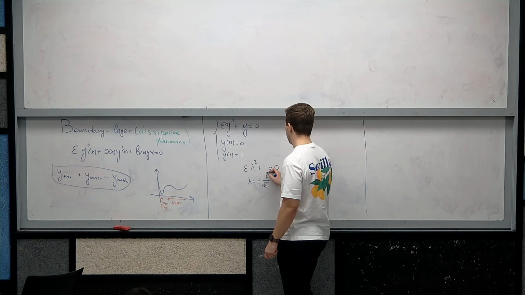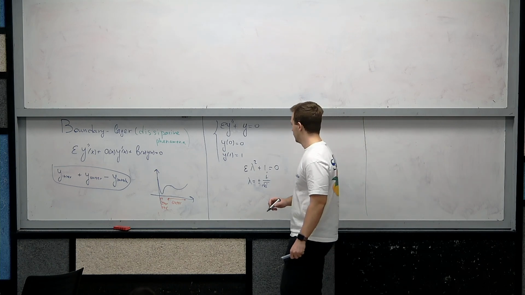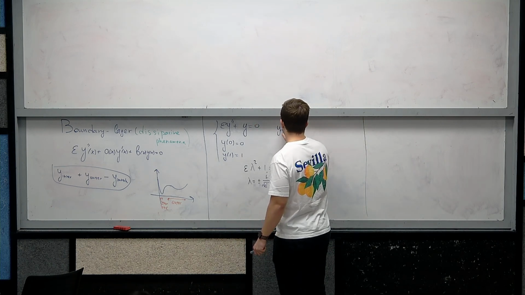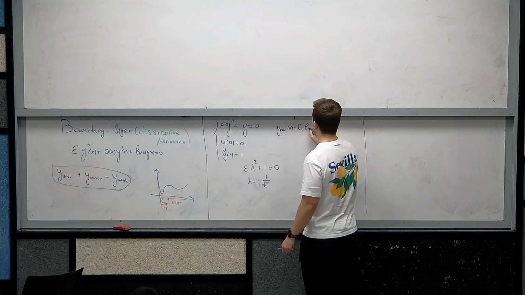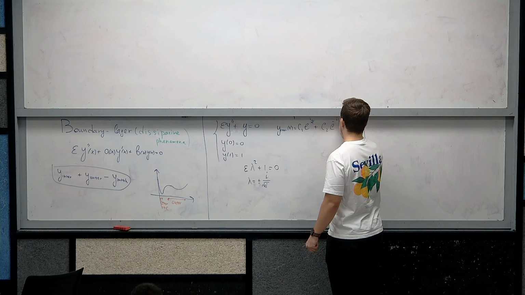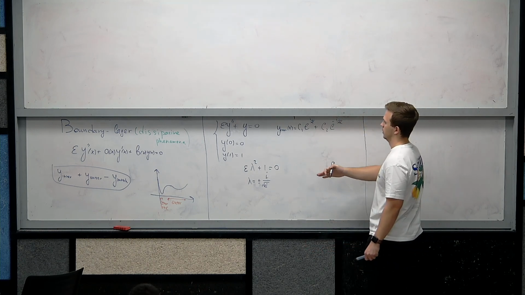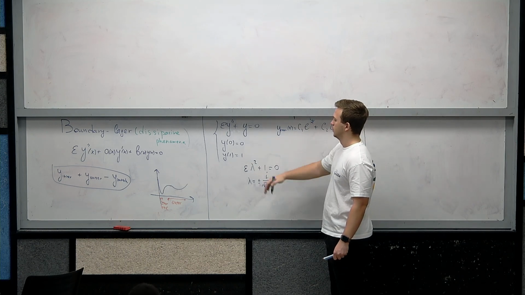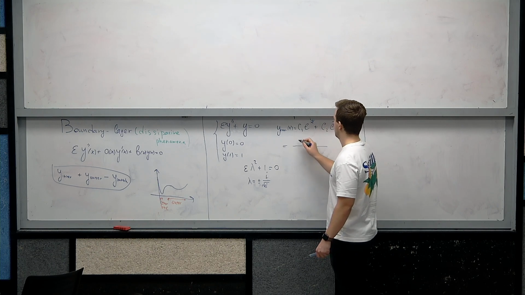So the exact solution is C1 times e to the i x over square root of epsilon plus C2 times e to the minus i x over square root of epsilon. That's the general solution, and then if we plug in the boundary conditions, we eventually find the exact solution in this form.